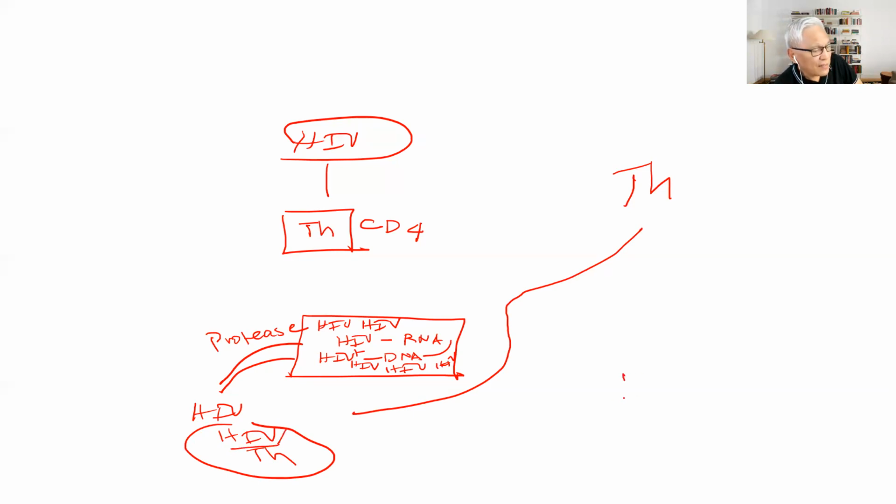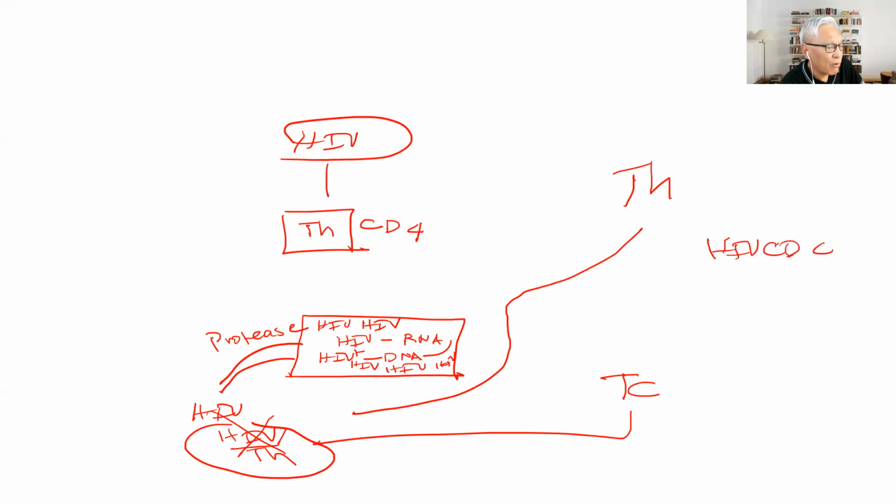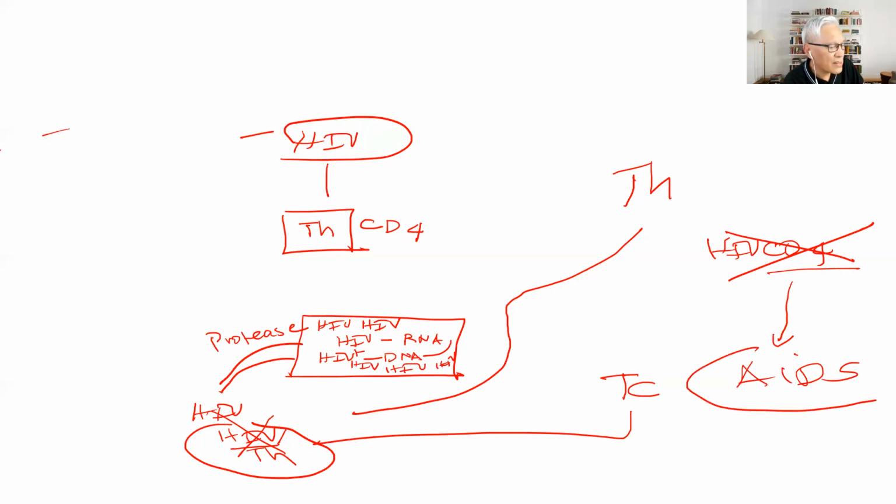So they send the TC cells, the killer cells, and they kill it. So you have HIV plus CD4, so you're killing HIV and CD4. So eventually, when your CD4 count is too low, you're going to have AIDS. Okay, so this is HIV infection at the beginning. This is AIDS at the end.